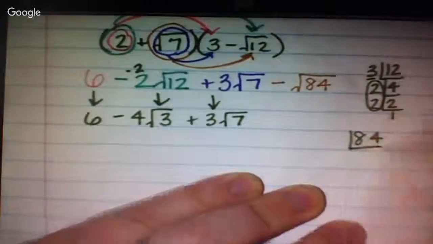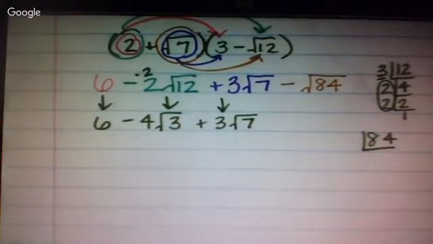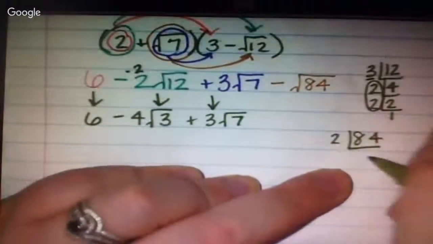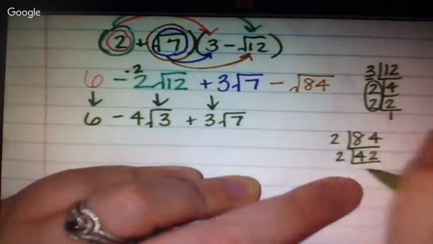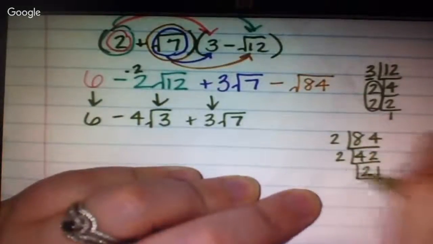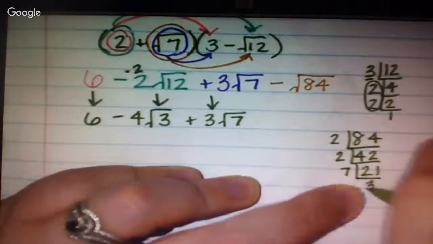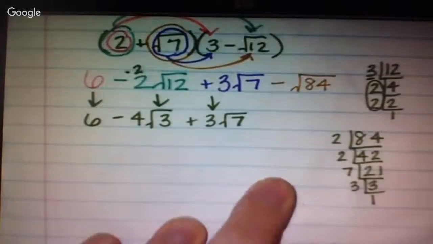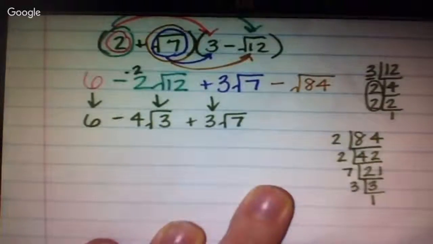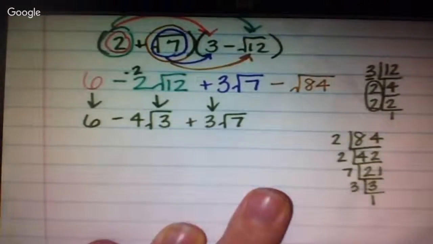Okay. The last one I need to simplify is the square root of 84. So we got 2 and 42. 2 and 21. 7 and 3. 3 and 1. Oh, on 12, I got 3, 3, and 2.